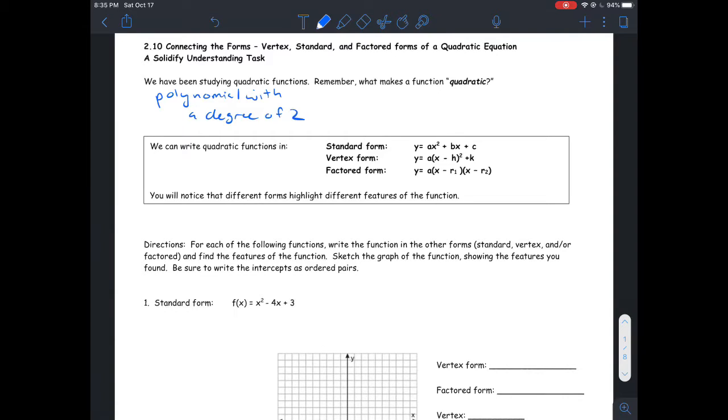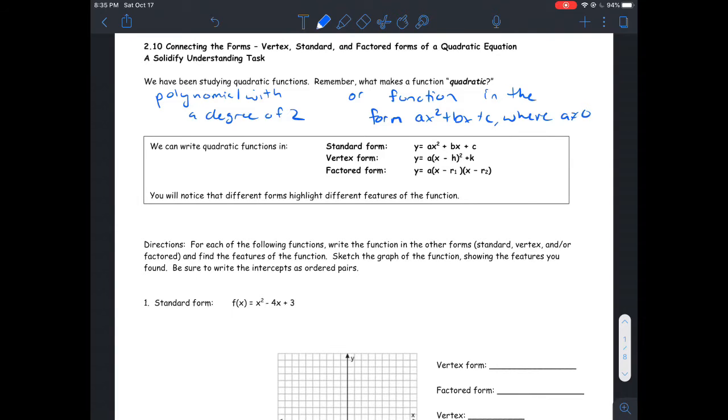What that means is that it has the highest power of 2. Or you can say it is a function in the form ax squared plus bx plus c, where a does not equal 0.